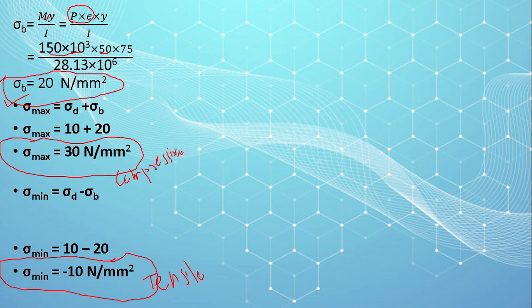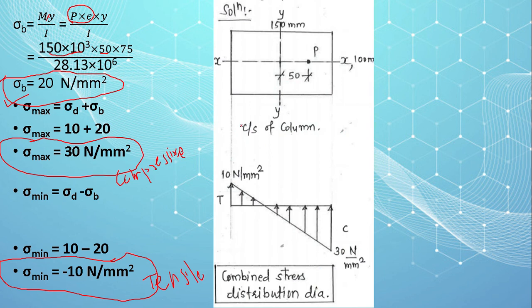Now we have to draw the stress distribution diagram. For the stress distribution diagram, I have drawn this section. This is 150, this is 100, and first mark one reference line. By taking this projection, mark this reference line, and after that mark this sigma max. Sigma max is 30 and it is compressive. Mark compressive load below this reference line and mark tensile load above the reference line.